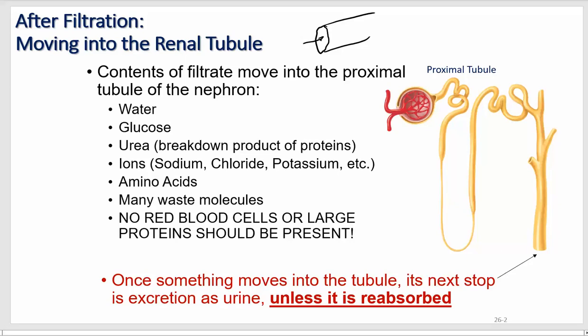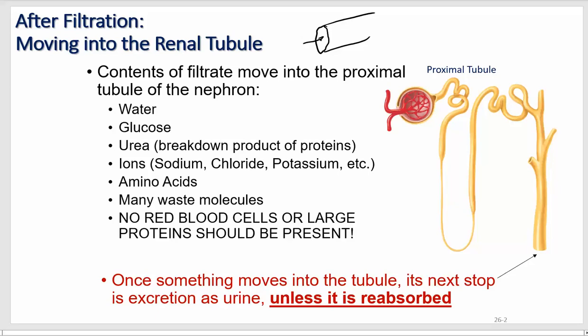Ions, sodium, chloride, potassium, those ions that we've been talking about, amino acids, a lot of waste products, phosphates, all kinds of stuff are moving through into the tubule. The only thing that shouldn't be there is anything too large, like red blood cells and proteins, and then there are some things that have charges that won't let them through. But really, the glomerulus is very forgiving and just lets everything go in.